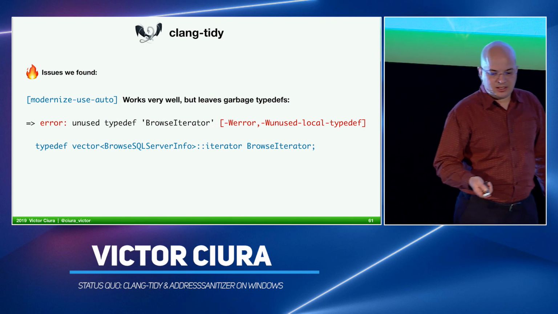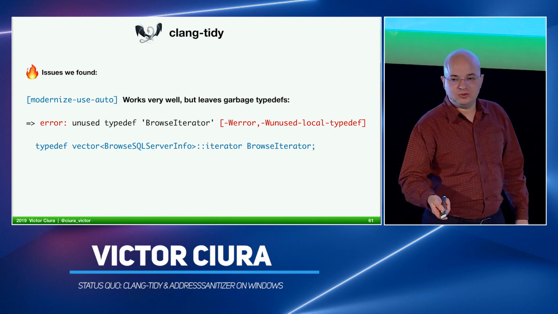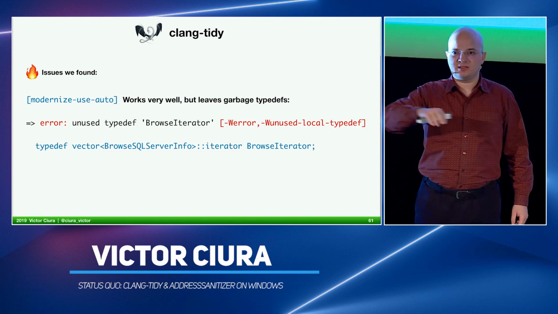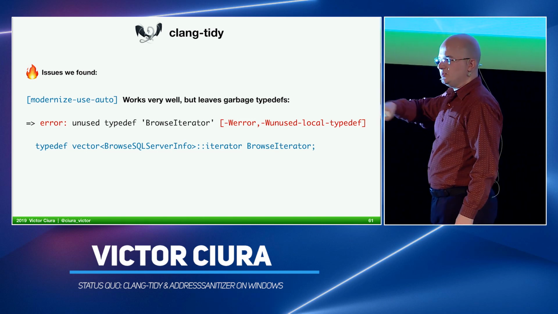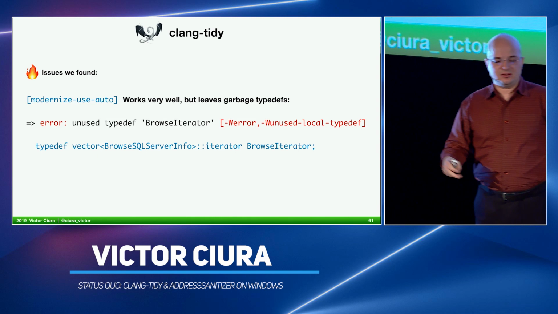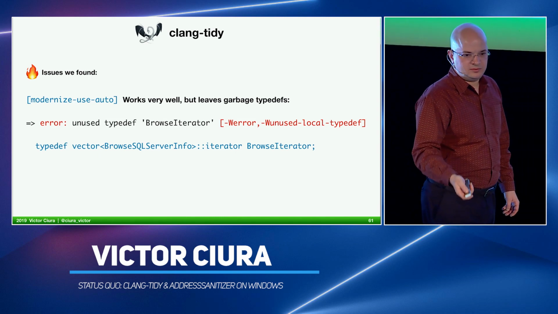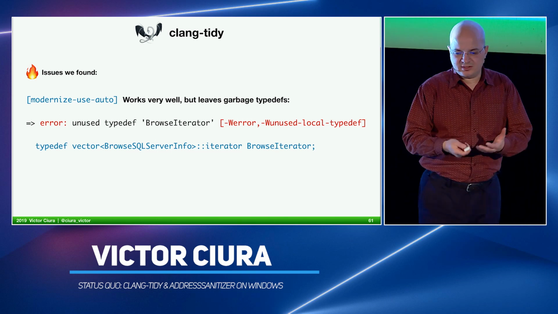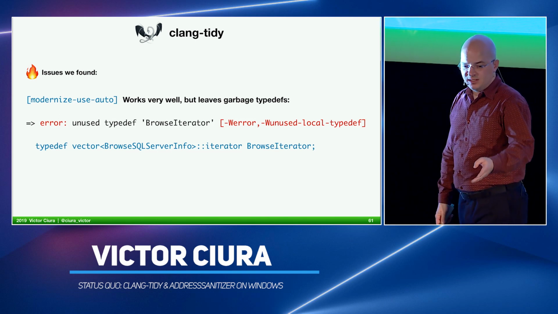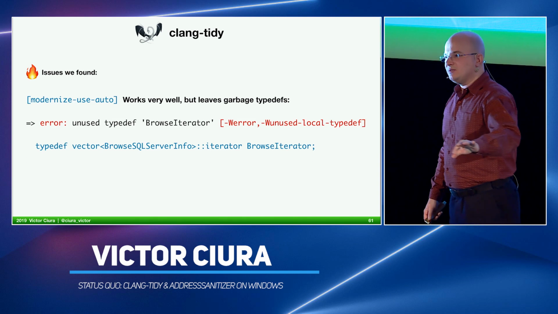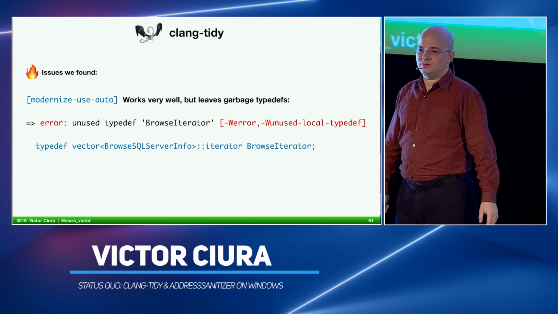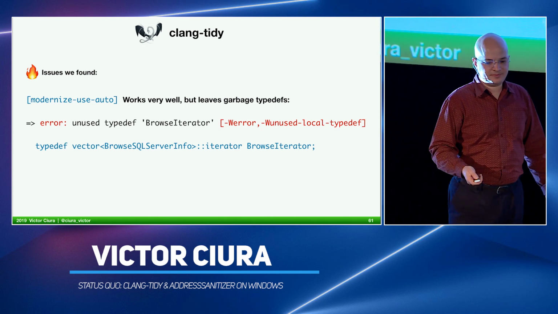And after you use the auto transformations, it replaces all the declarations of iterators that you might have with auto. Then the code becomes much easier to read and more compact. There might be some leftover type definitions, so you might have to delete those by hand.